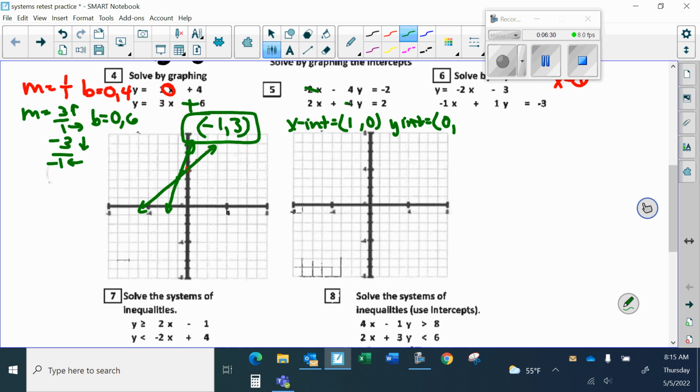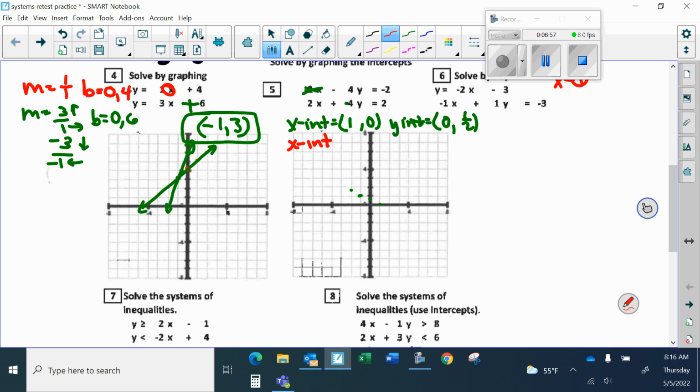So if x is 0, y is 1/2. So 1, 0, and 0, 0.5. Okay. Next one. Change the color.